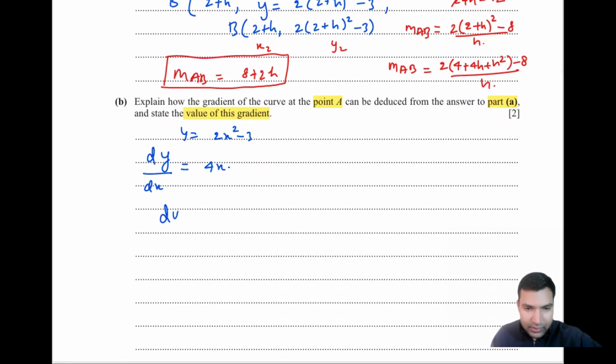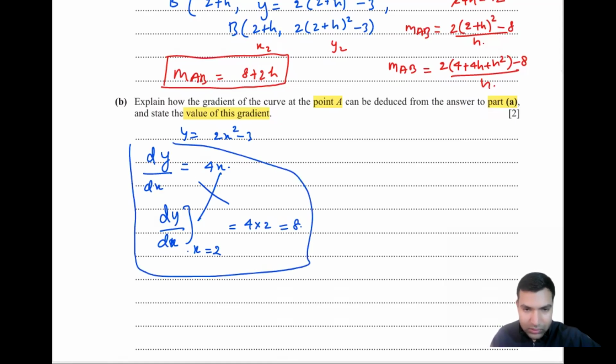And then dy by dx at A, where the x coordinate is 2, becomes 4 times 2, which is equal to 8. And you will say, okay, 8 is the answer. But they're not asking for this process. If you do this, you will get 0. Marks will not be awarded for this approach because they're asking you to use the answer to part A.